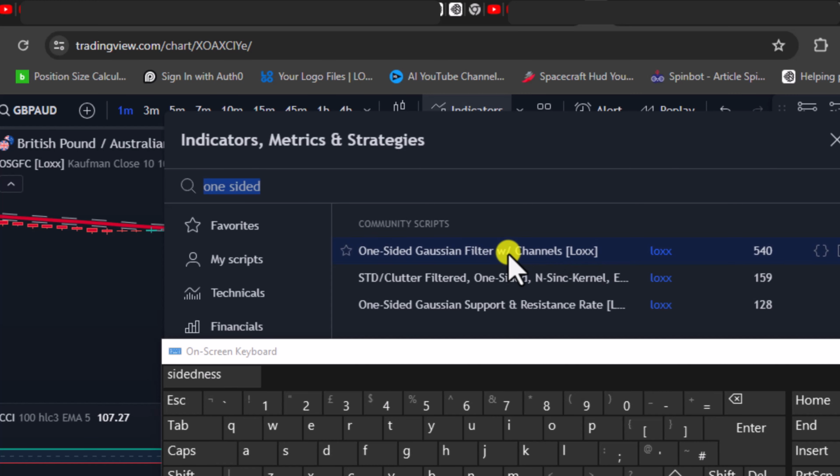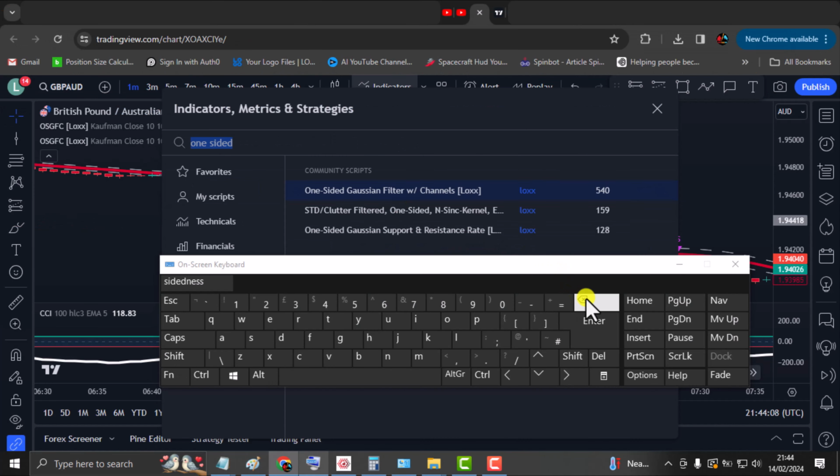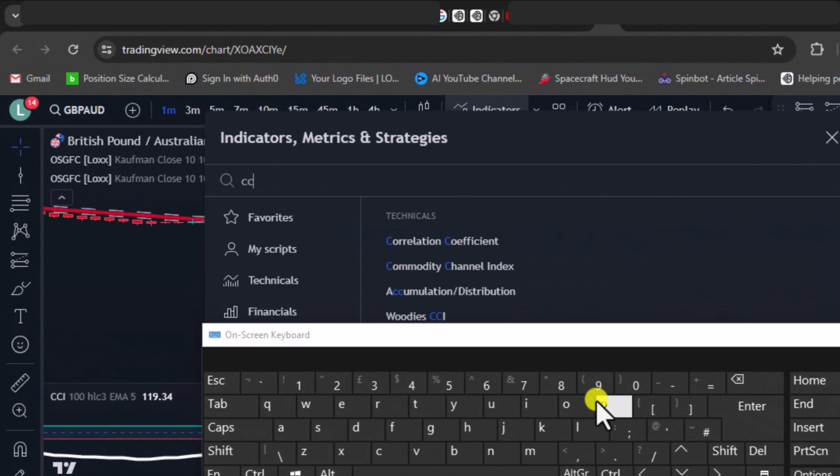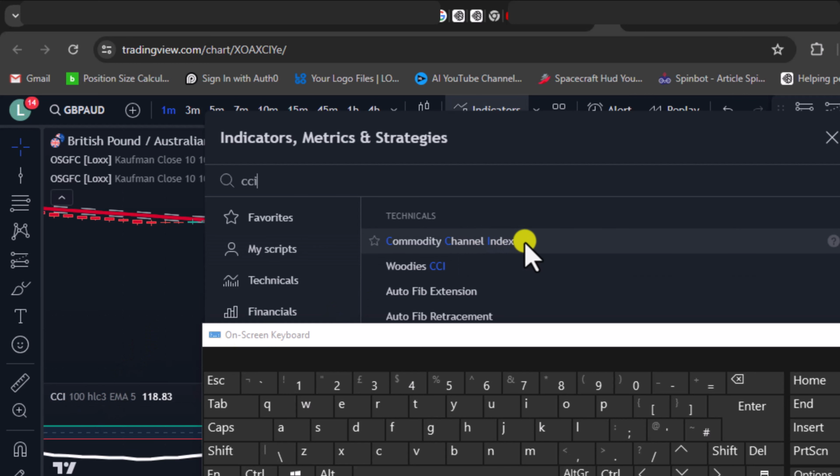So we're gonna choose that. The second one is CCI, which we need to filter the signals. CCI, as you see over here, is the Commodity Channel Index.